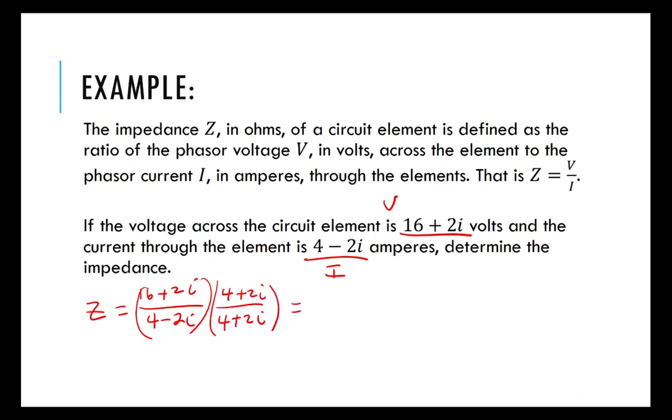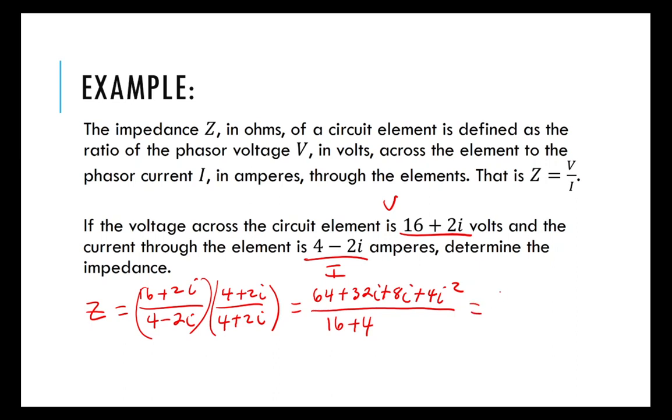Then that's going to give us 64 plus 32i plus 8i plus 4i squared divided by, and I'm just going to take the shortcut here. This is really 4 squared plus 2 squared. That's going to be 16 plus 4. Once again, I didn't really FOIL 4 minus 2i times 4 plus 2i, but because it's a difference of squares, I get the following.